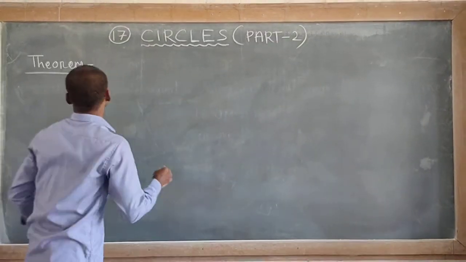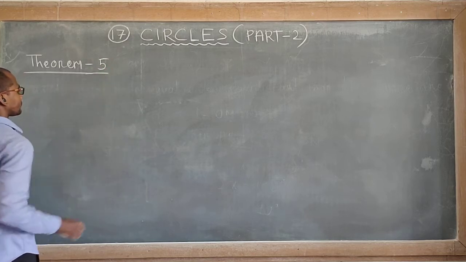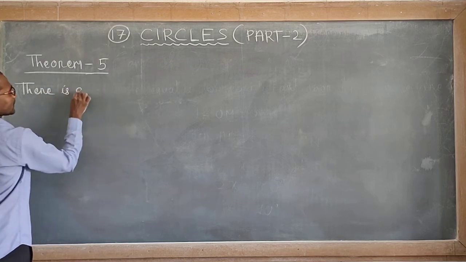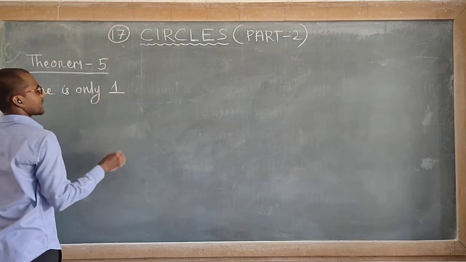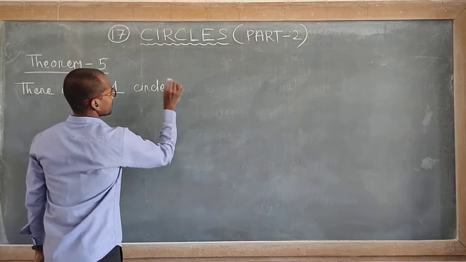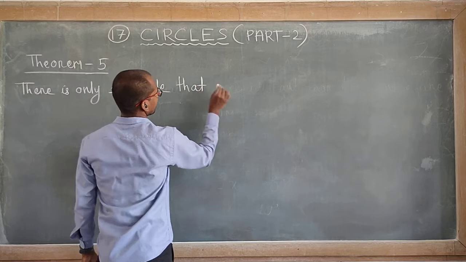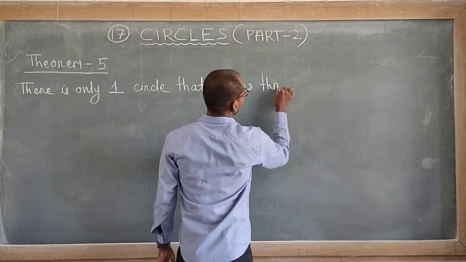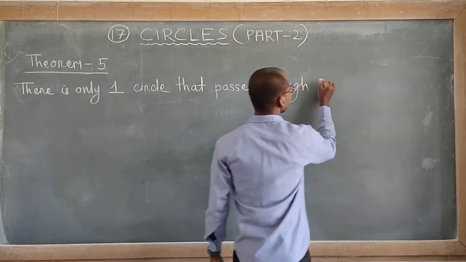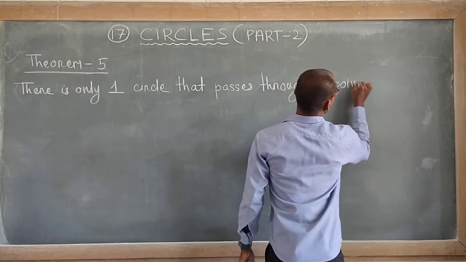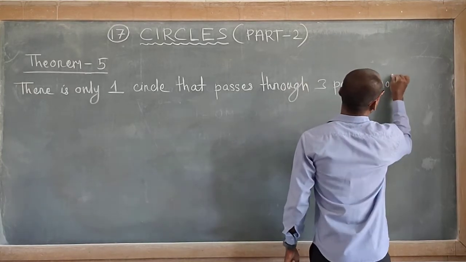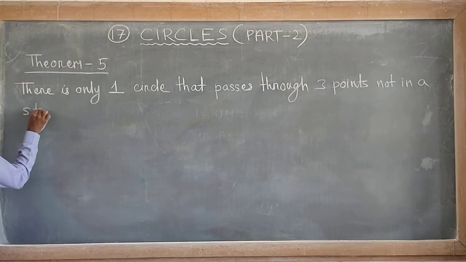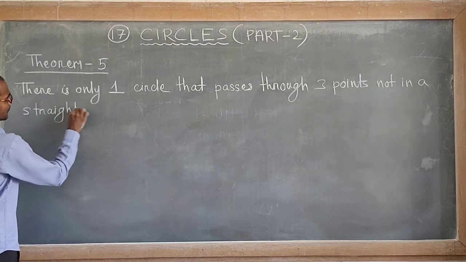theorem number 5, there is only one circle that passes through 3 points not in a straight line.